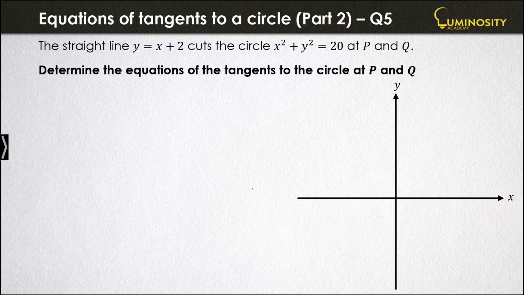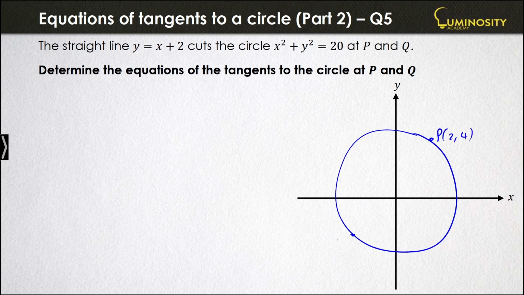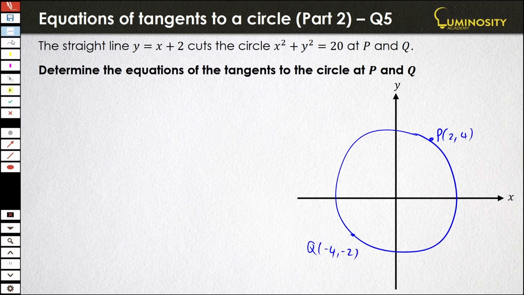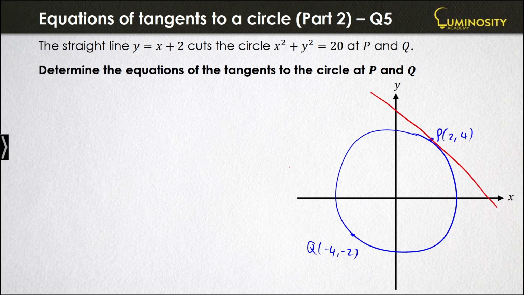Determine the equations of the tangents to the circle at P and Q. So again, here was P, (2, 4). Here was Q, (-4, -2). So if we look at the tangent lines now, can you see that they're going to have a negative gradient? So again, the origin is (0, 0).